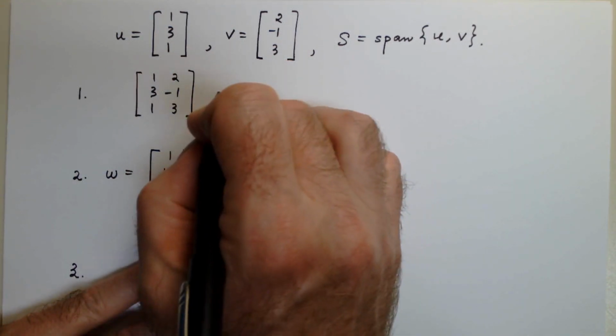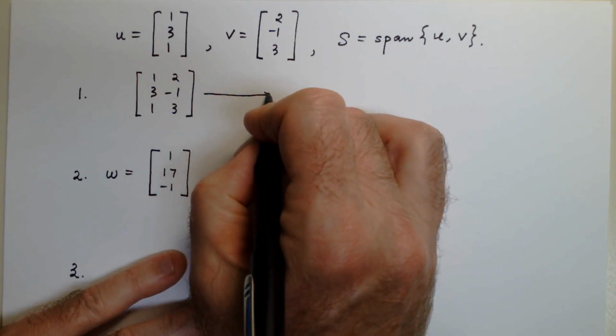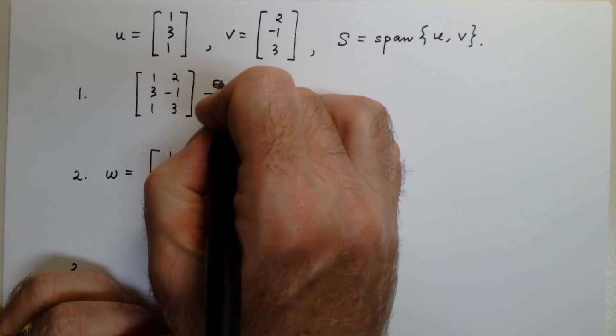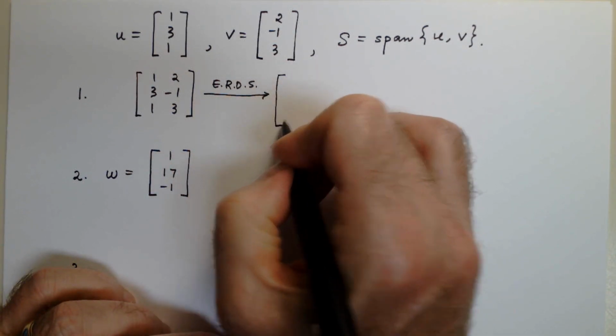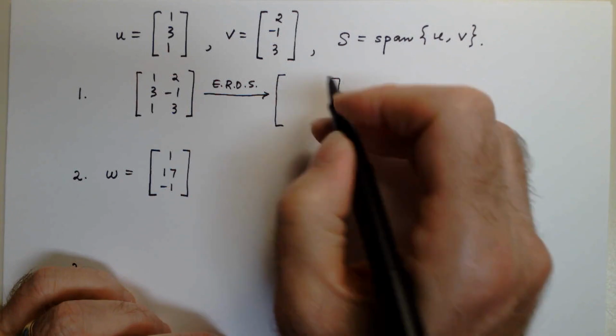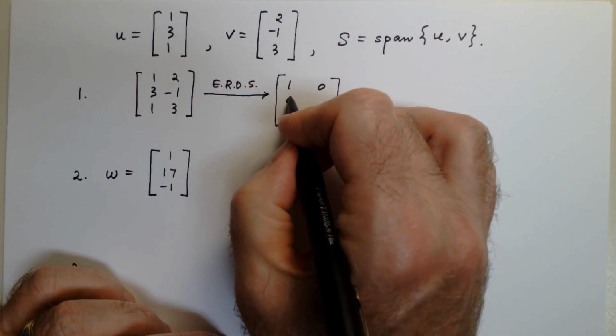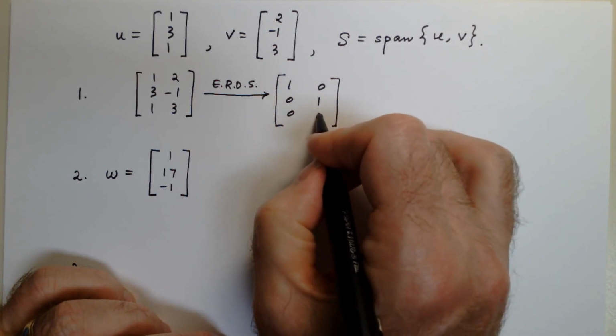There's a sequence of elementary row operations that will bring this down to its reduced row echelon form. And when I did this, I found that I got the rows 1, 0, 0, 1, and 0, 0.